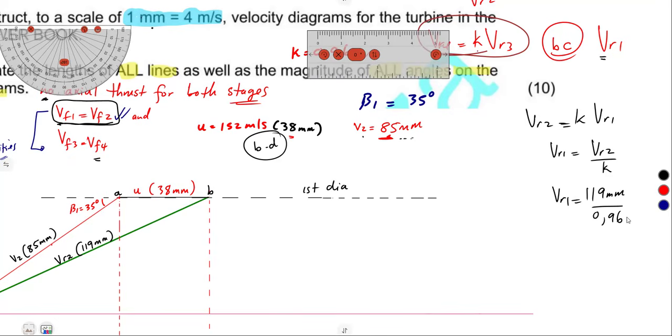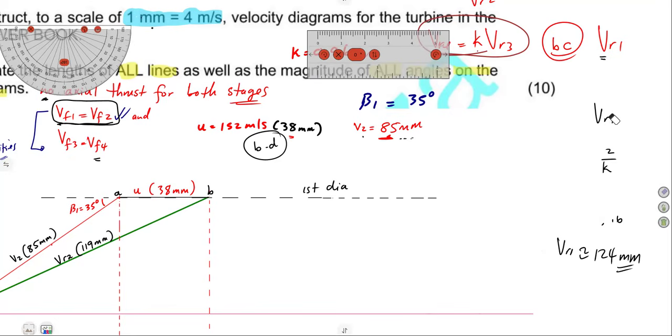Approximating to the nearest whole number, VR1 is approximately 124 millimeters.